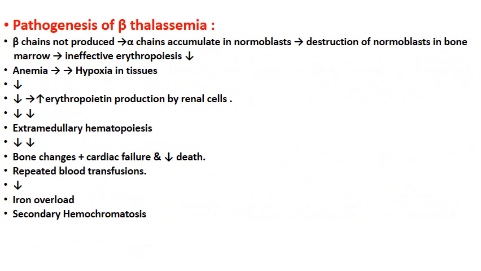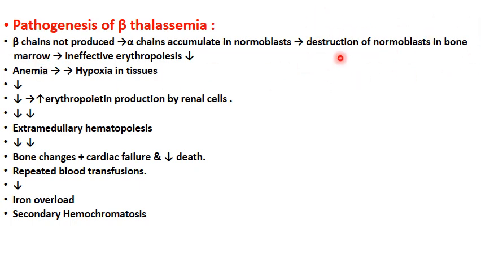We are coming back to the pathogenesis of beta thalassemia. Basically speaking, the beta chain is not produced in beta thalassemia. So, consequently, alpha chains will accumulate in the normoblast. When they accumulate, they cause damage to the cell membrane, which leads to the destruction of normoblasts in the bone marrow.